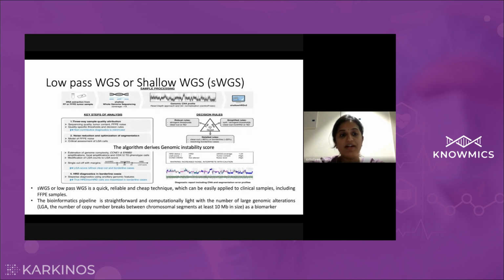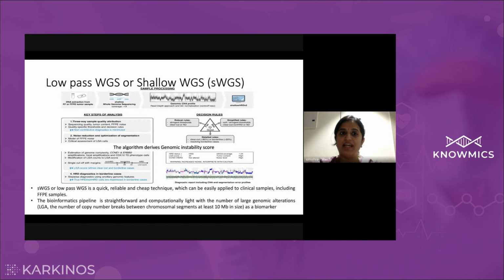So to summarize, shallow whole genome sequencing or low pass whole genome sequencing is a quick, reliable, cheap technique, and it can be easily applied to clinical samples, including FFPE. So you really don't need good fresh tissue or fresh frozen tissue or blood or anything. You can very well do it on FFPE. And the bioinformatic pipeline is straightforward and computationally light, with the number of large genomic alterations as a biomarker.